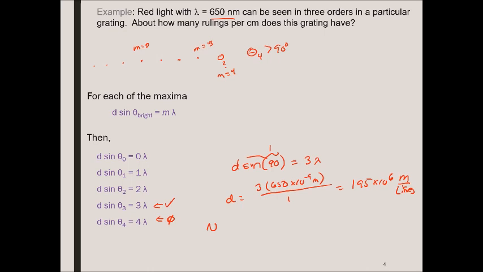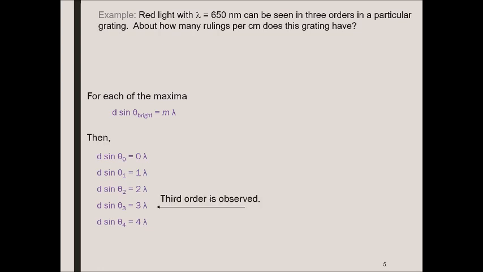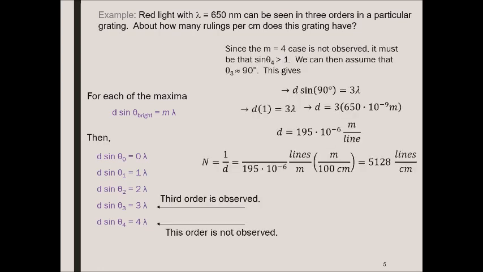So this is the distance between each line. We want to see how many lines there are per meter, so I just need to take the inverse of that. So 1 over 195 times 10 to the negative 6. Sorry, negative 6 should be in there. And I get 5,128 lines per centimeter. So here is all that nicely written out.